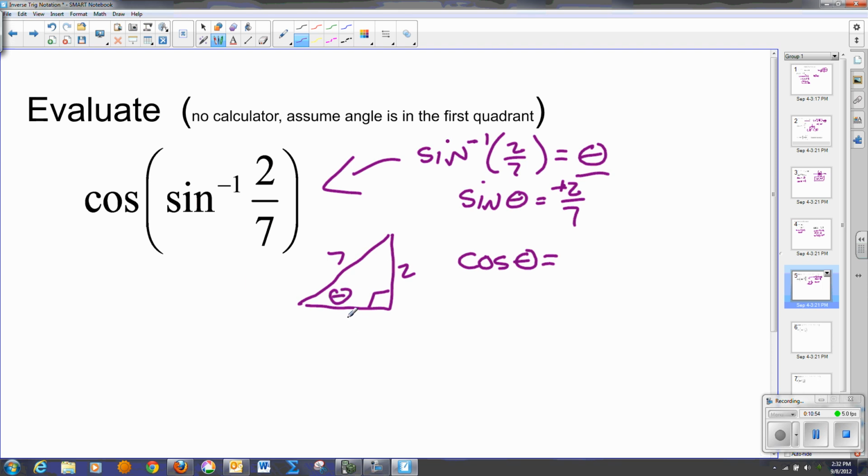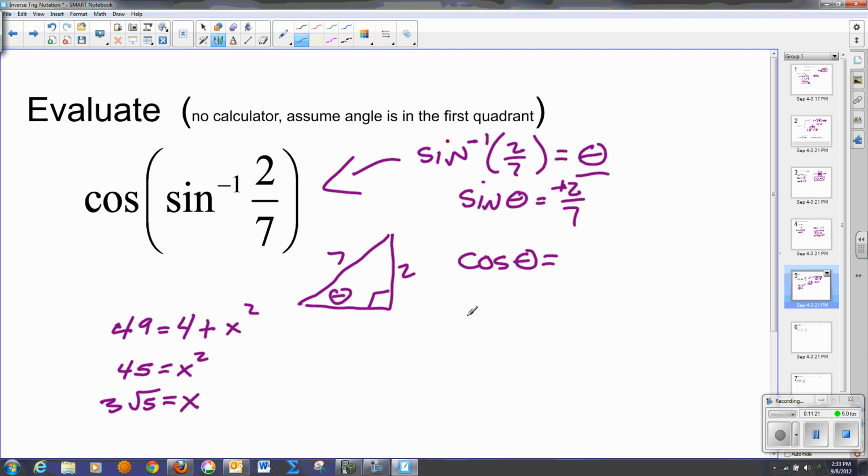Finding the adjacent value is necessary to find the cosine of theta. So once again, we use Pythagorean. 49 equals 4 plus, we'll call this x squared. So therefore, I have 45 is equal to x squared. And 3 root 5 is equal to x.